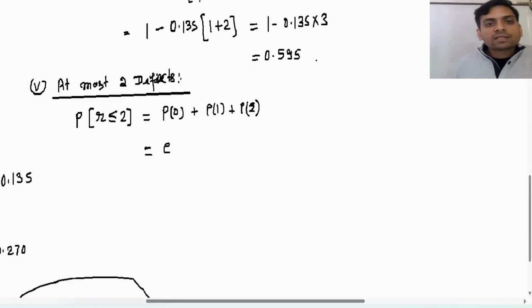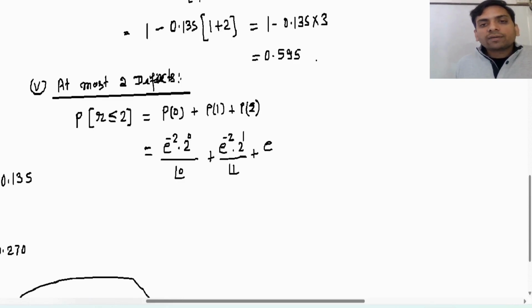Formula for first is e raised to the power minus 2 as m equals 2, and 2 raised to the power 0, 0 successes, divided by factorial 0. And the second one is e raised to the power minus 2 and 2 raised to the power 1, divided by factorial 1. And next is e raised to the power minus 2, 2 raised to the power 2, divided by factorial 2.